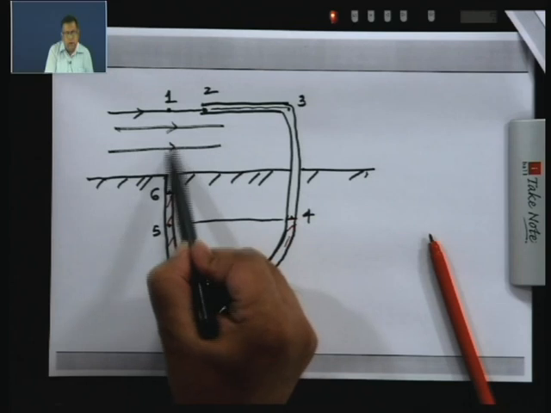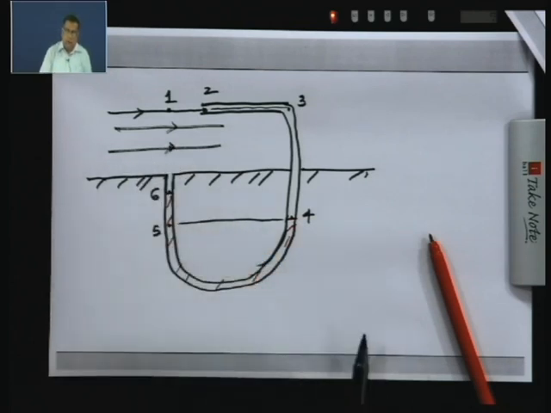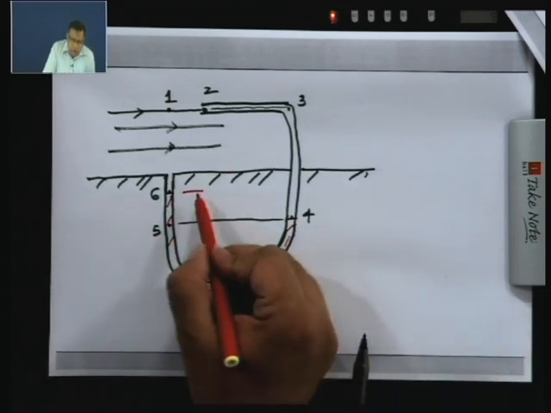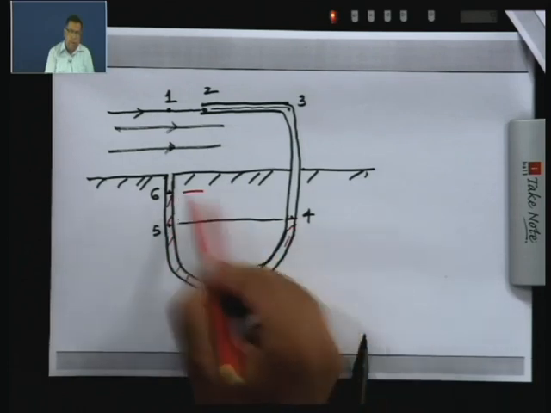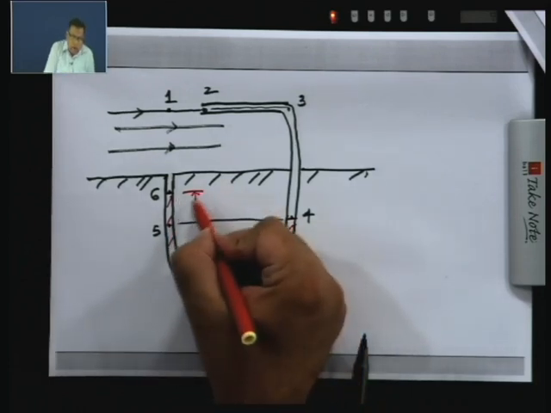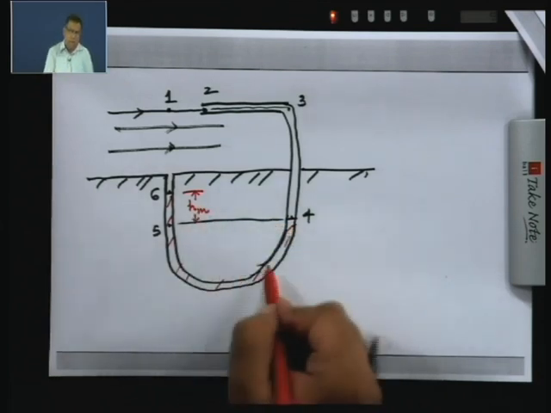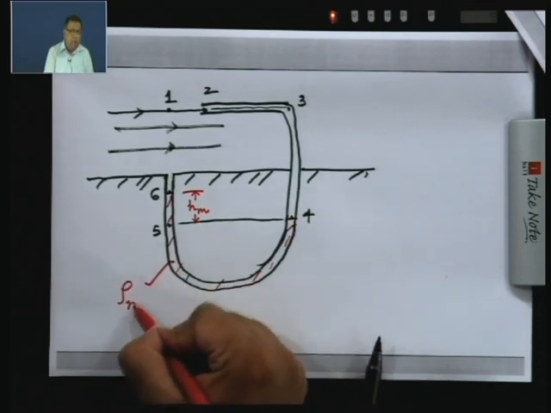So, these are the streamlines of the flow. Now, in the lab what you have measured is the difference in height between points 6 and 5, or 6 and 4, whatever you want to call it. So, this is the manometer deflection, which I am denoting by the symbol small h with a subscript m, and the density of the fluid in the manometer I am calling rho m.